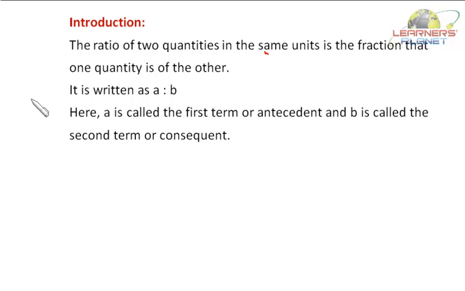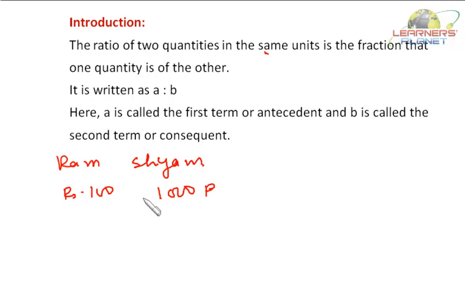Now to elaborate this, let me take one more example. Suppose there are two persons, say Ram and Shyam. Now Ram is having maybe 100 rupees and Shyam is having 1000 paisa. Now if we wish to find out how much amount Ram is having more than Shyam, suppose we try to find out the ratio of Ram and Shyam, what will it be?